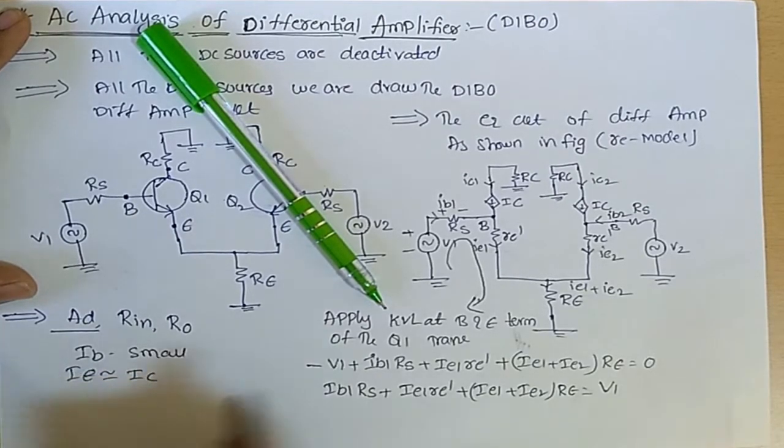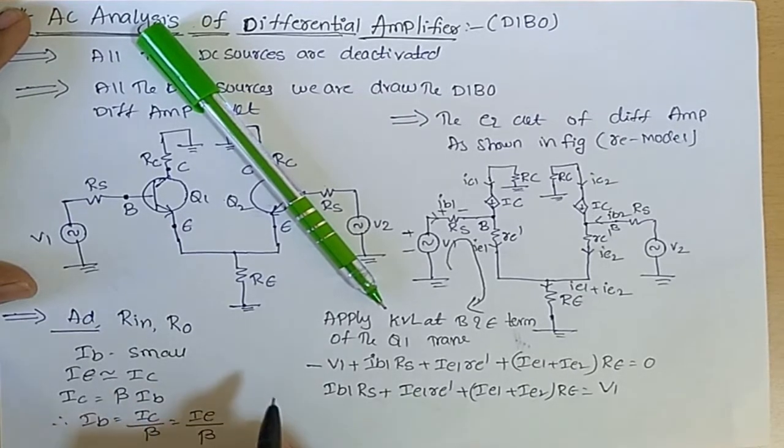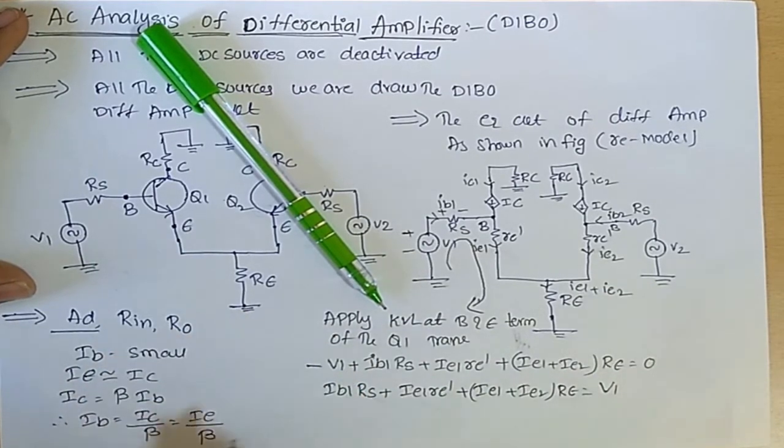Here IC equals beta into IB, therefore IB equals IC by beta, that is equal to IE by beta. We know that in this differential amplifier the beta value is large. Clear? So this IB equals IE by beta can be substituted in this equation.